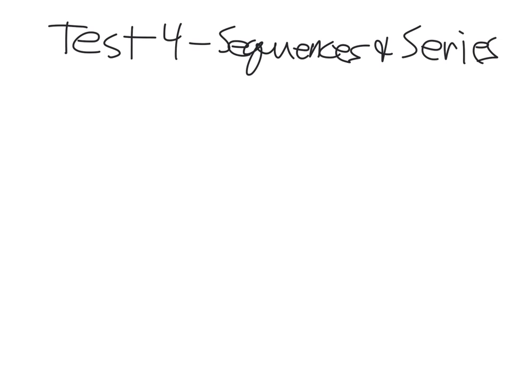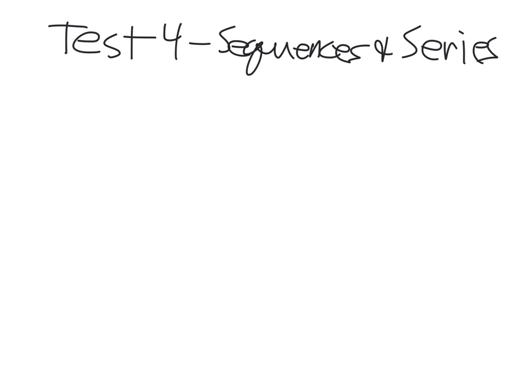Next we had sequences and series. And, well, make sure you recognize whether we're talking about a sequence or a series. And we didn't do a lot with sequences, but we do need to understand the different terminology there.